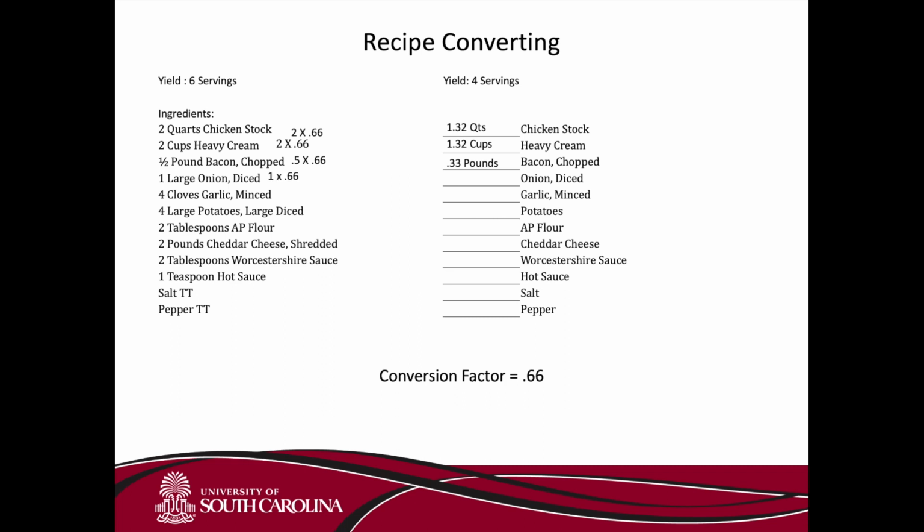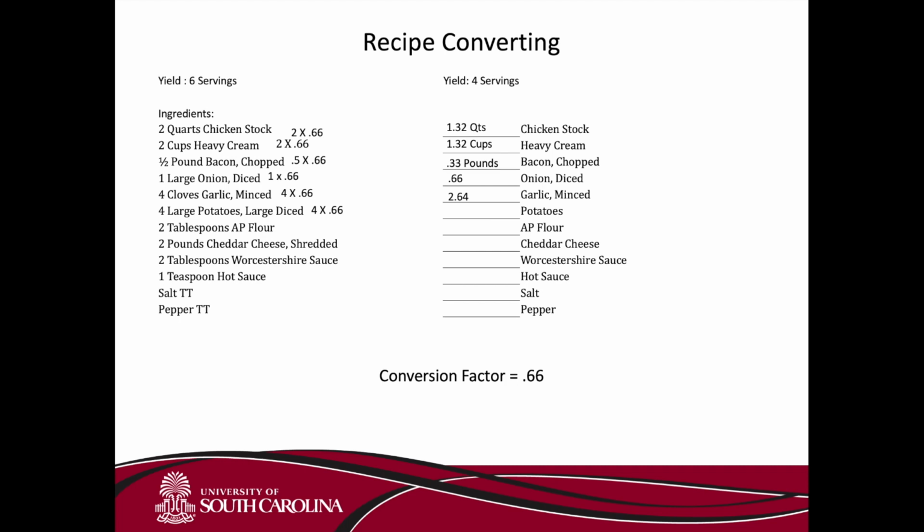So obviously, it is 1 times 0.66, which gives you 0.66 of an onion. That's just over half of an onion, right? Same thing with our cloves of garlic. 4 times 0.66 will give you 2.64 cloves of garlic. So just over 2.5 cloves of garlic. Now, would it be a lot easier and a lot better if everything was in cups and ounces? Absolutely, but you're not always going to find recipes that are like that, okay?